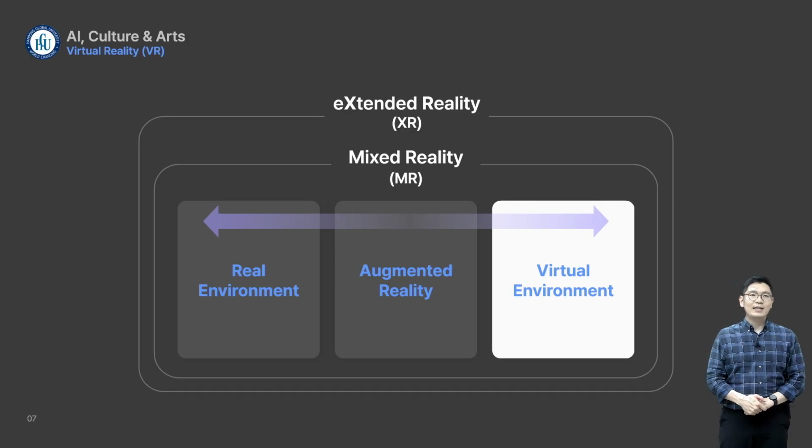However, if we extend this reality to include augmented reality and virtual world, we get what is known as mixed reality. Within this broader context, virtual reality represents a more immersive experience, often creating environments that feel real even though they are artificial. The term VR encompasses technology and experience that simulate these environments, allowing users to interact with them.